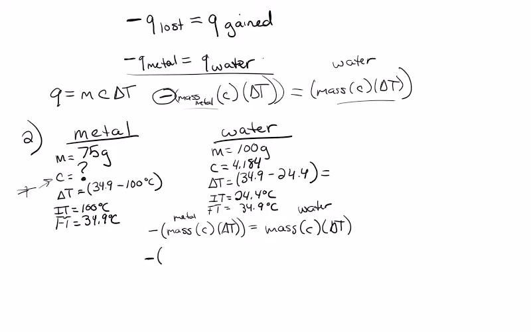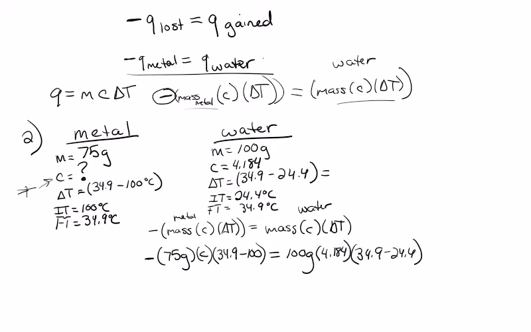So a negative 75 grams, okay, times our C value, which we don't know what that is, that's what we're trying to find, times our change in temperature, 34.9 minus 100, is equal to the mass of the water, 100 grams, times 4.184, times 34.9 minus 24.4.